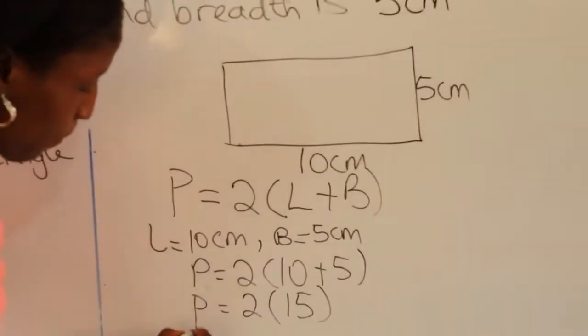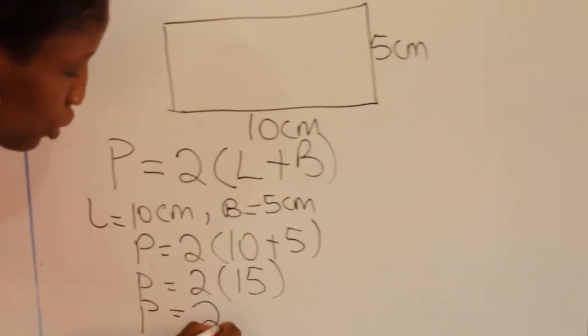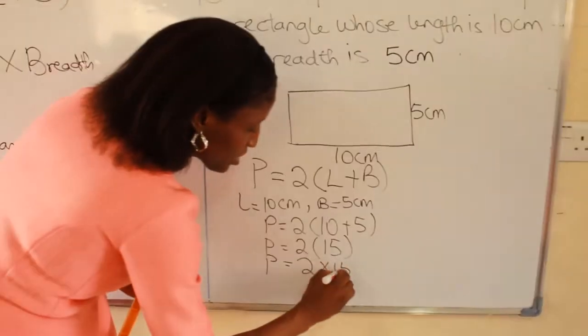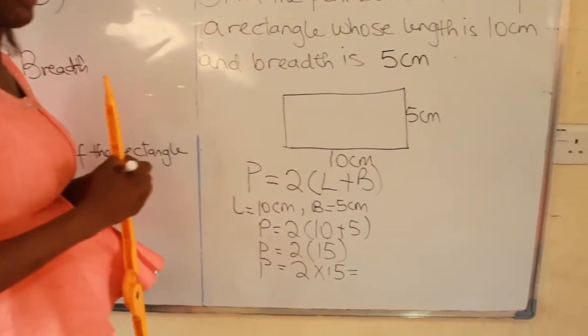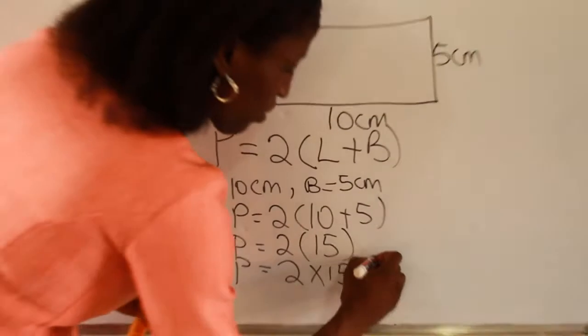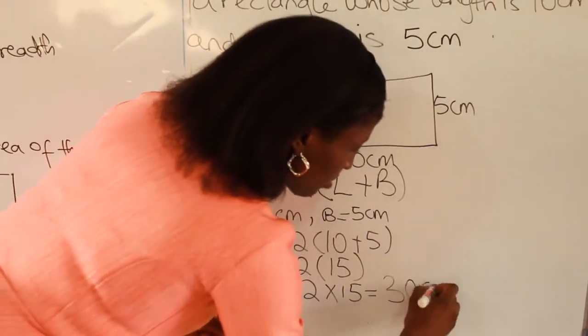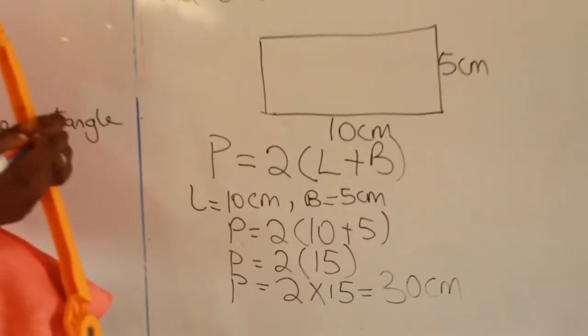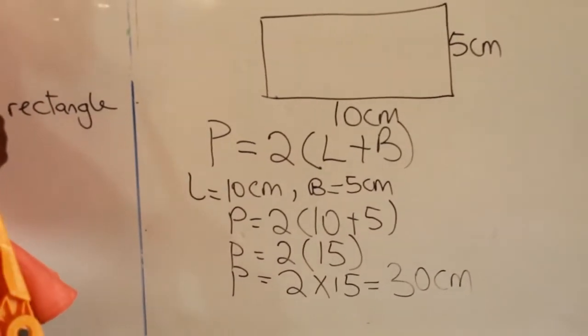So perimeter equals 2 multiplied by 15. Our perimeter gives 30 centimeters.